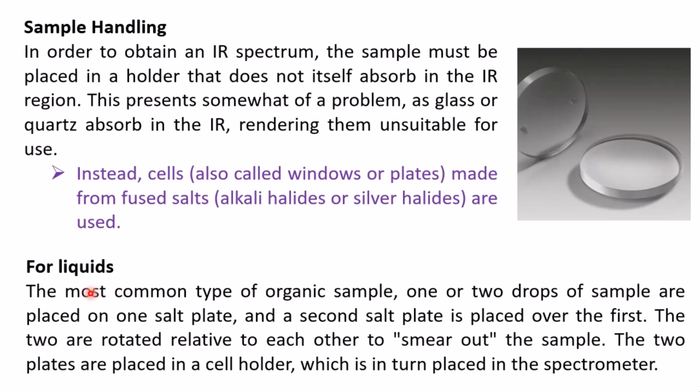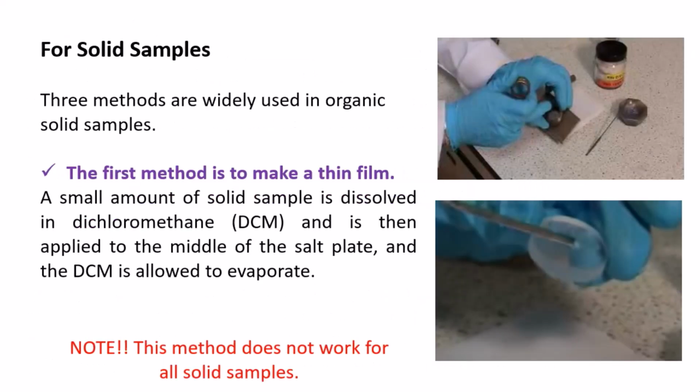So for liquids, the most common type of organic samples, one or two drops of the sample are added to this salt plate, and then it is covered and smeared out, just to make sure that the sample evenly spreads on the surface of the cell. Now, for solids, there are three different types of sample preparation.